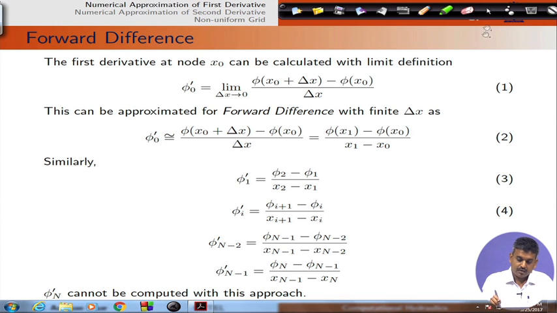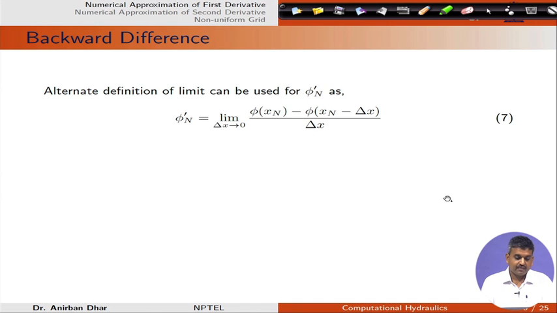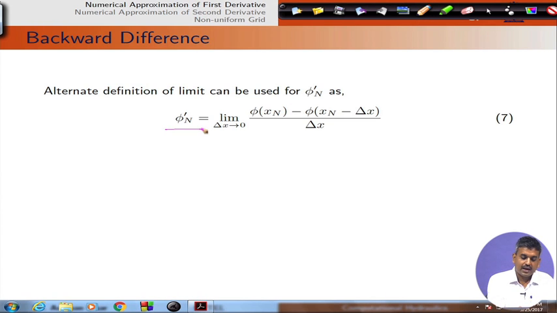In this case we can use an alternate definition of the limit and write phi n prime with backward difference, where this is written as xn minus delta x.